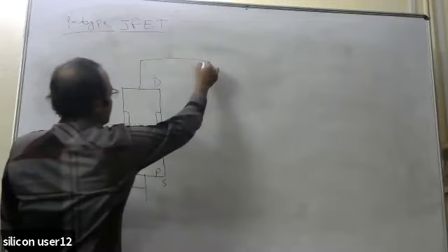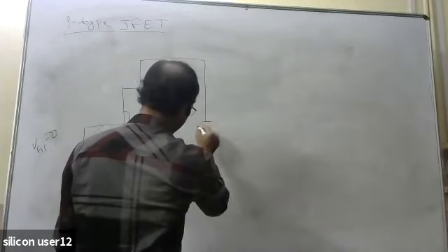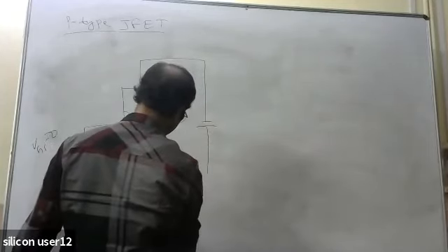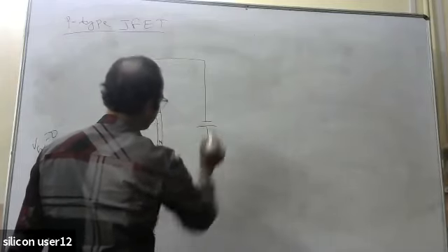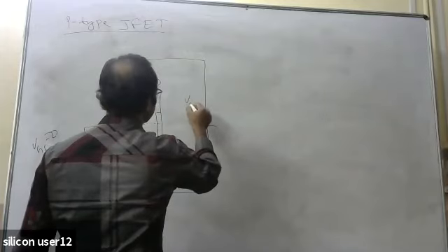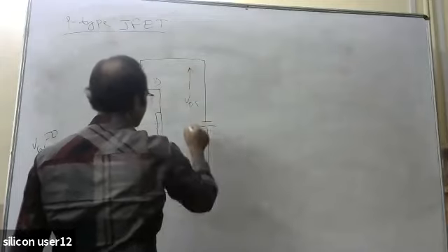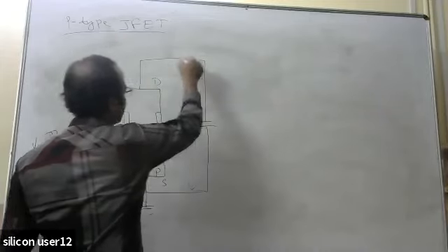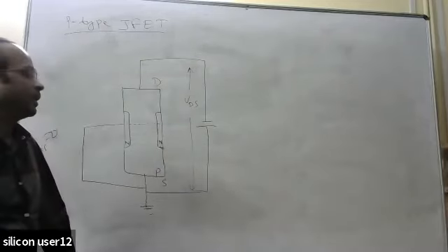Now VDS is the voltage applied between this drain and source. Here I'm applying a negative voltage.